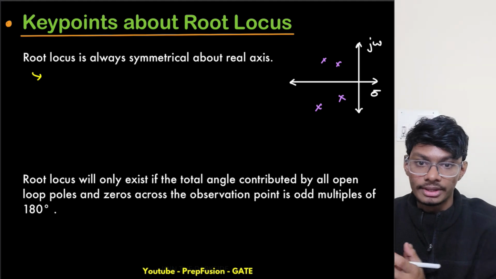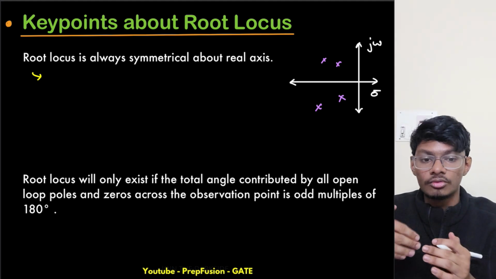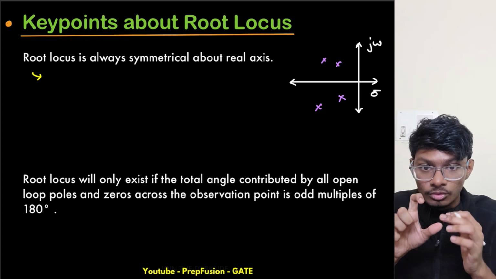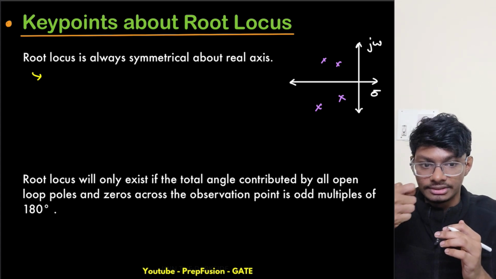As the coefficients of my characteristic equation are real, I will always get my roots as a complex conjugate pair, right? As a pair.